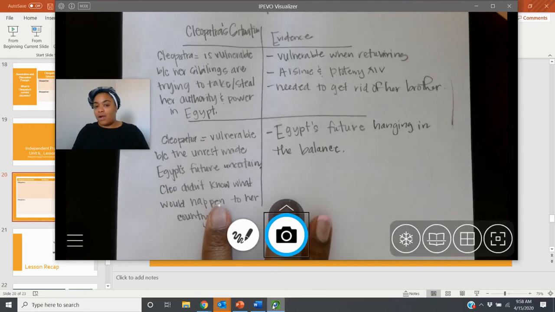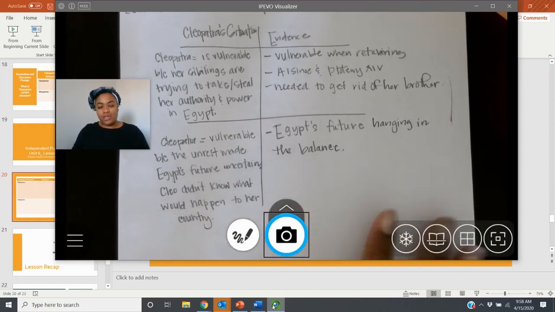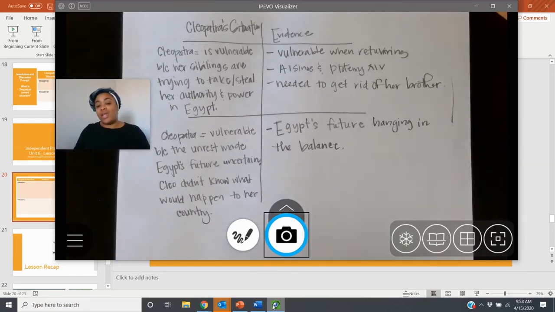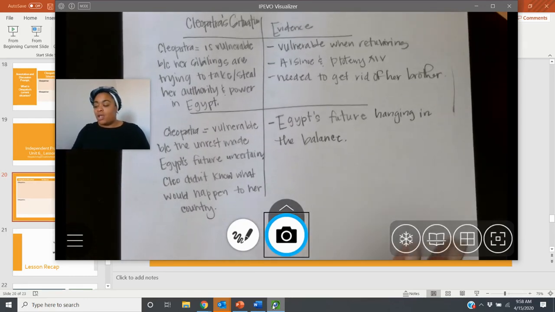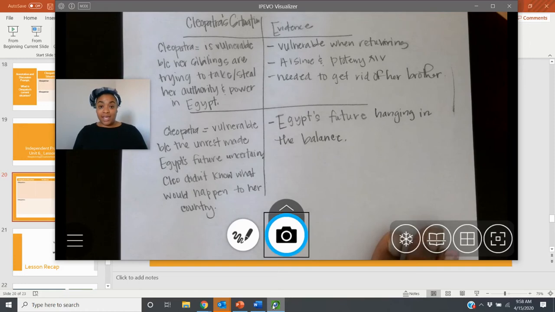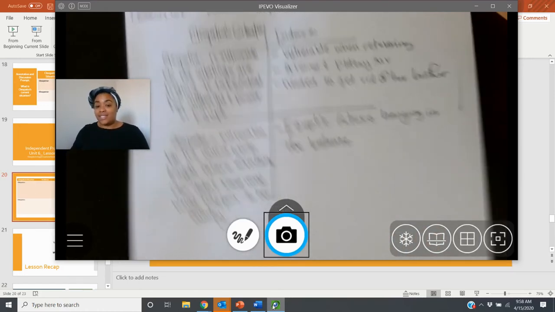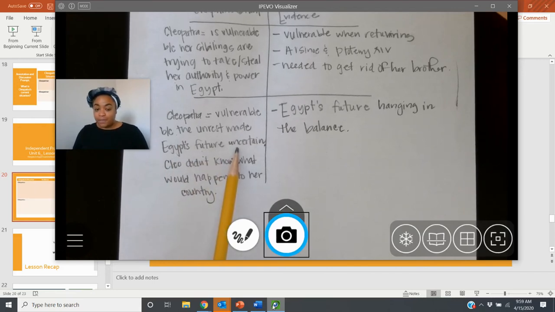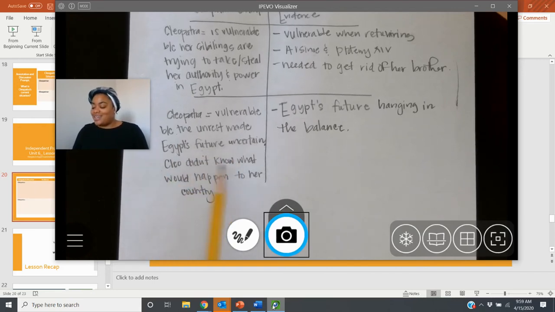And then for my Cleopatra equals, I still wrote that vulnerable because I want to make sure that when I am responding in my independent practice and my ACE paragraph, I am using vocabulary terms. So I did write that Cleopatra is vulnerable because the unrest made Egypt's future uncertain. Cleopatra did not know what would happen to her country.